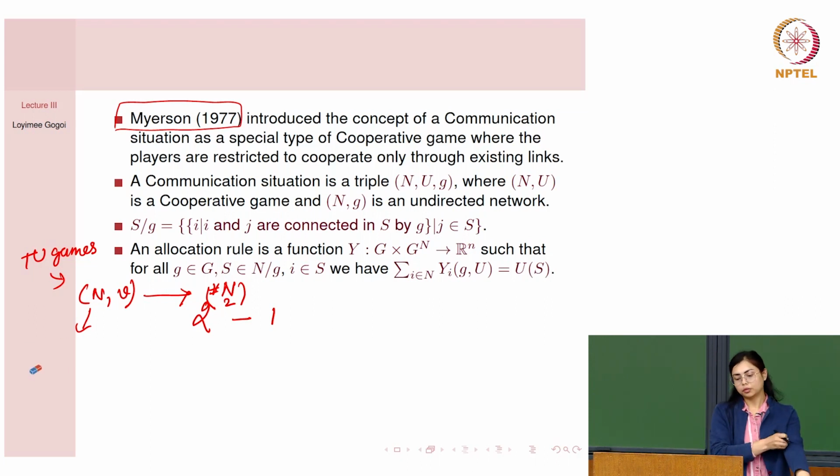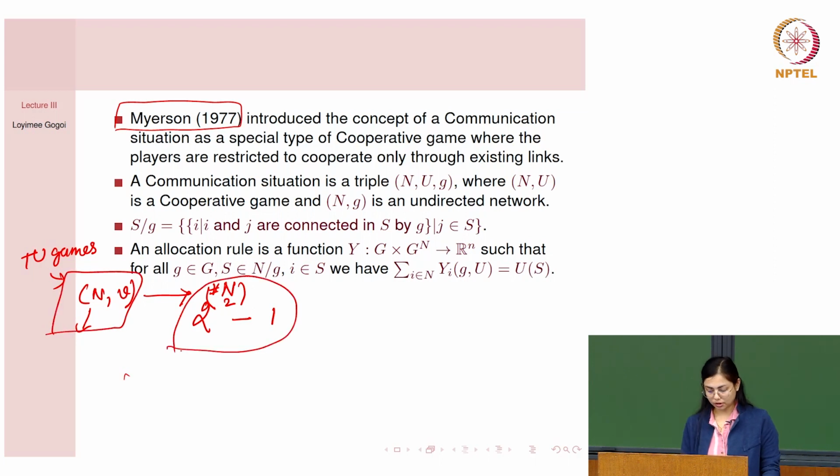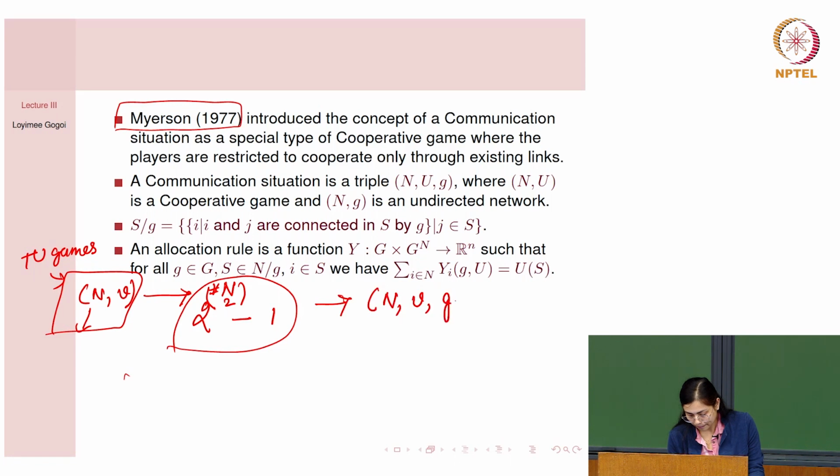So for a particular TU game N, we have this many graph structures. For each particular graph, this tuple he considers as a communication situation, right?